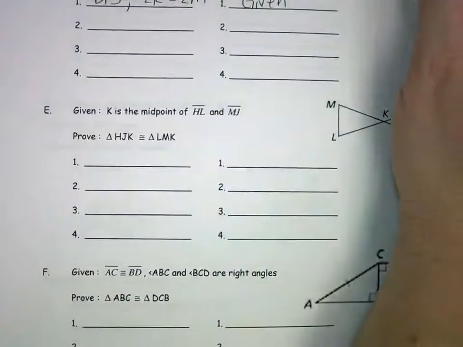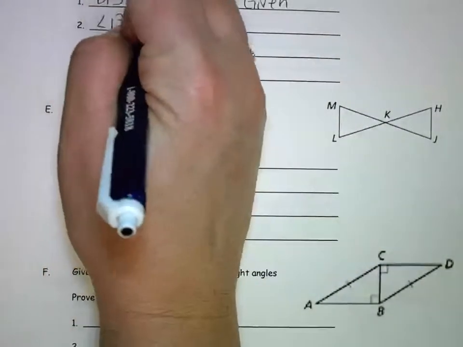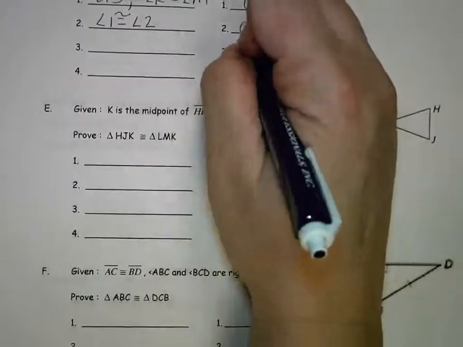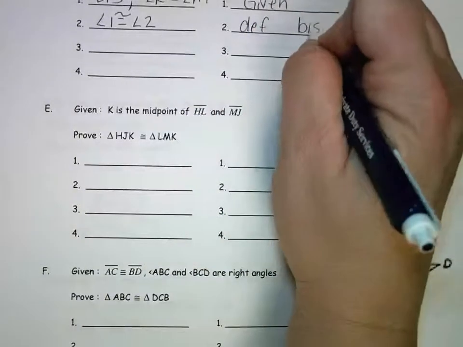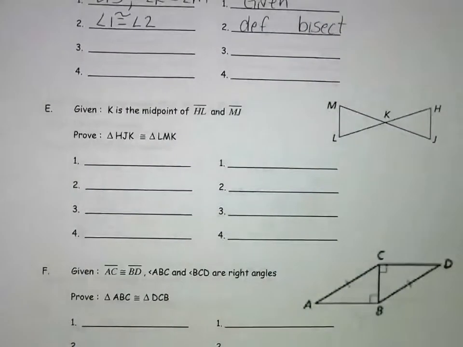KLM is the angle that's bisected. So I'm going to write a 1 and a 2 in there. And I'm going to say angle 1 is congruent to angle 2. And that's by the definition of bisect or angle bisector. So those two angles are equal.